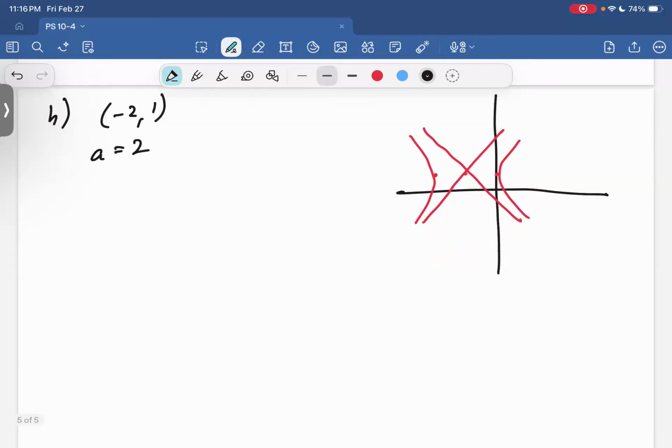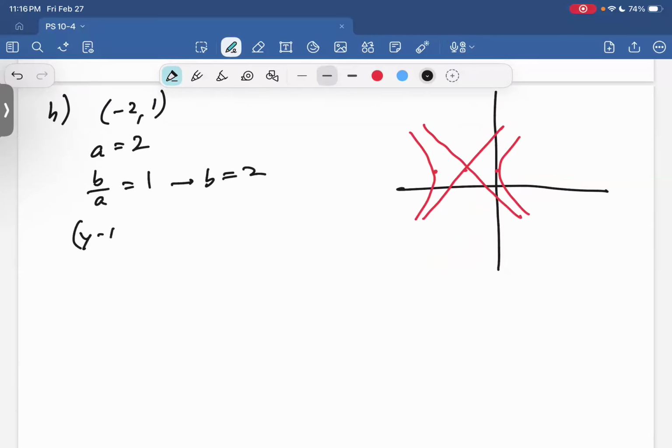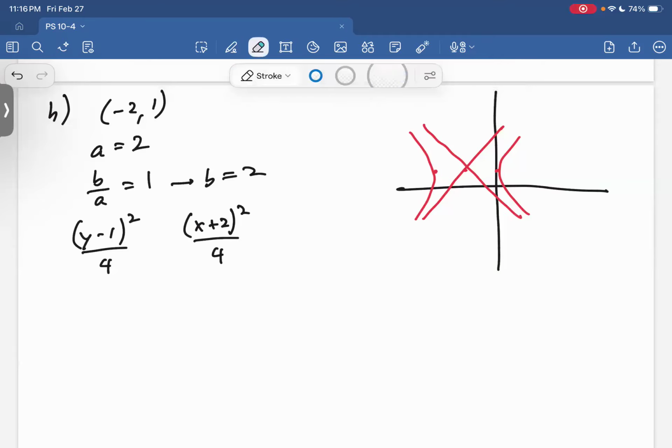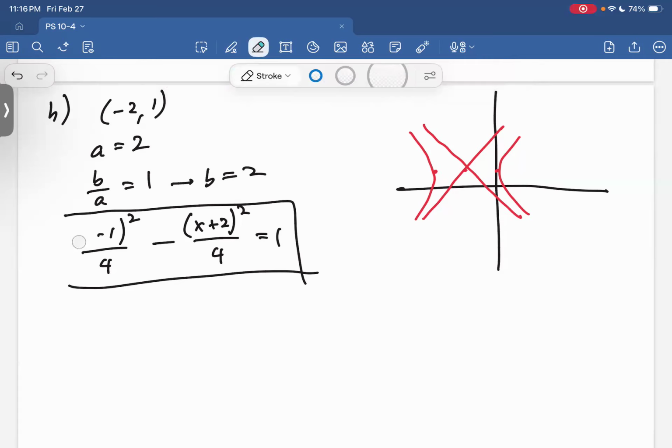It's horizontal, right? So the slopes are going to be B over A. That should equal 1 because the slopes are plus or minus 1. So B also equals 2. Switched it.